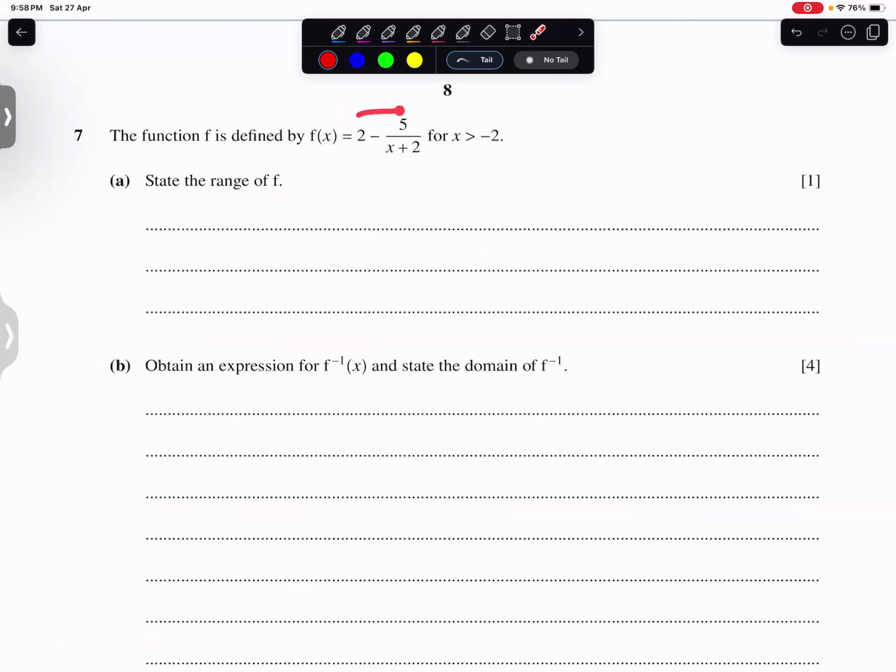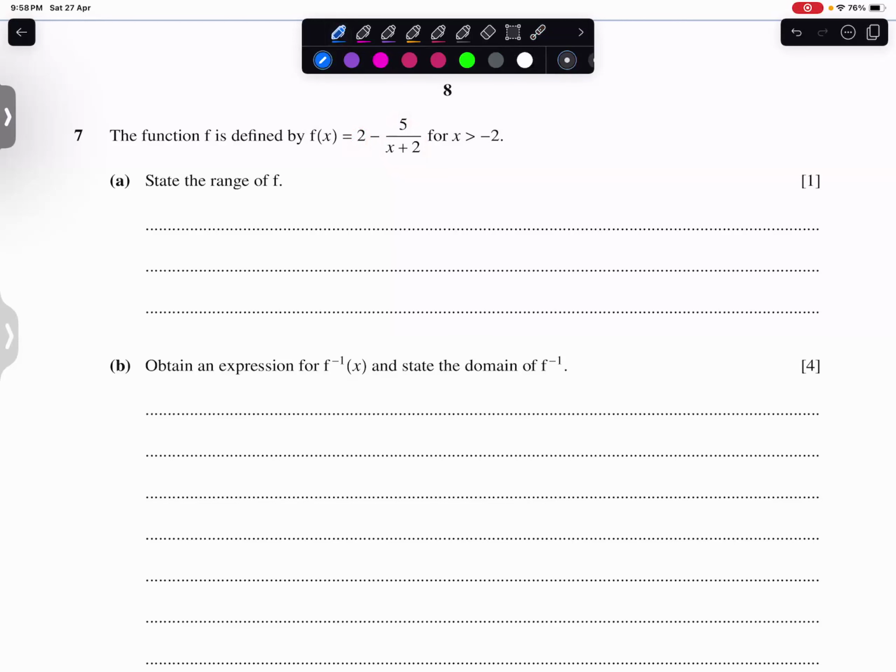Students, to see the range of these types of rational functions, all we need to see is this 2 and the sign, which is add or subtract, and the value which you can put in this function. Actually something is subtracted from 2. So it means 2 is the largest value, because if we subtract something from 2, it will become smaller.